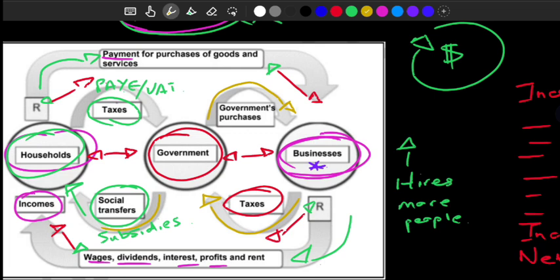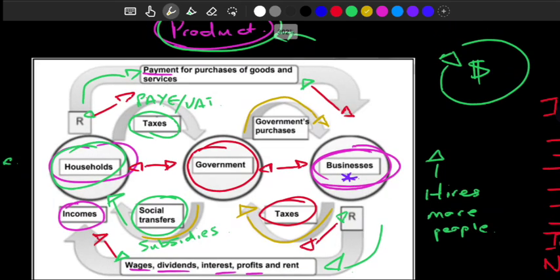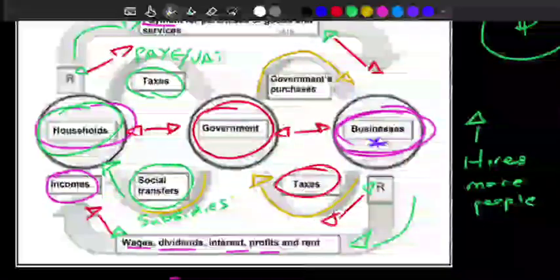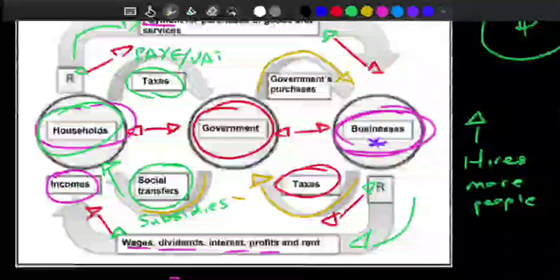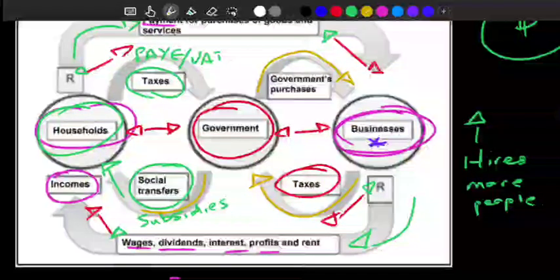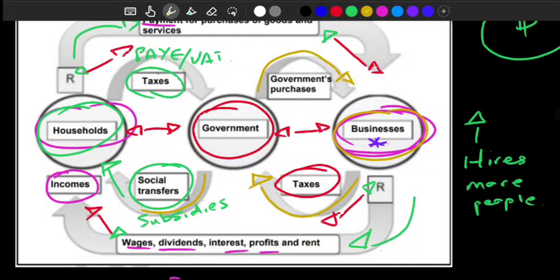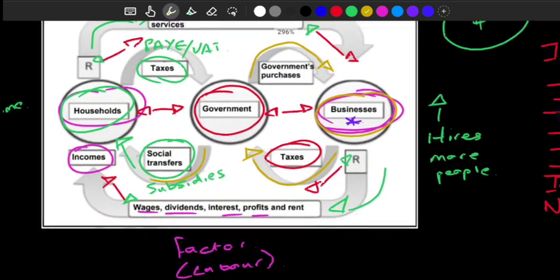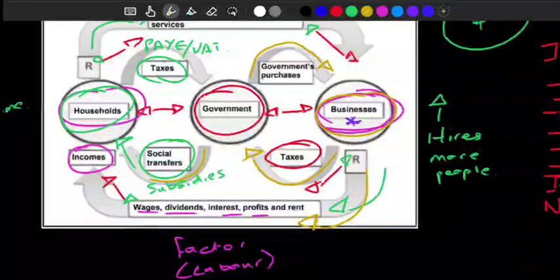Government is also a consumer in the circular flow model, meaning that, think of tenders, right? Government releases tenders in order for businesses to make money, and when a business makes money, they will hire more people in the factor market.